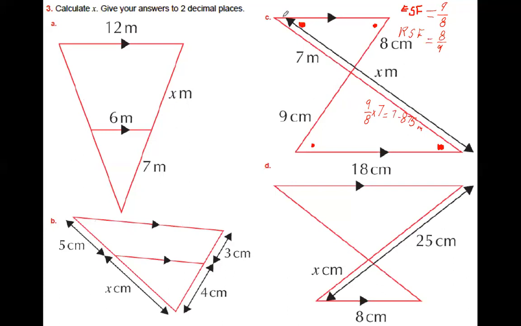And because we're looking for that total distance here, you get 7.875 plus 7, which is X. So X equals 14.875 meters.